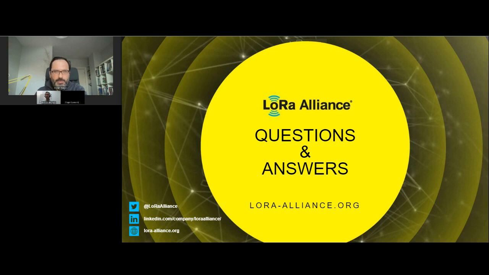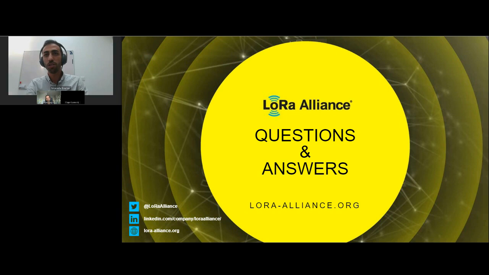So the next one is: using NPM would expose my decoder code to the public. What if I don't want to expose it? You can deliver it to the application server by any other means. Yes.